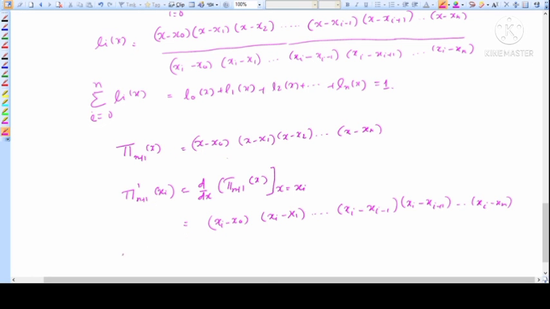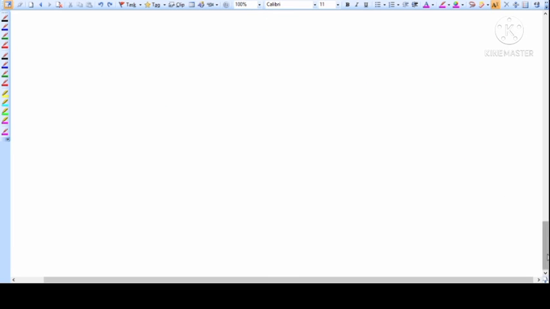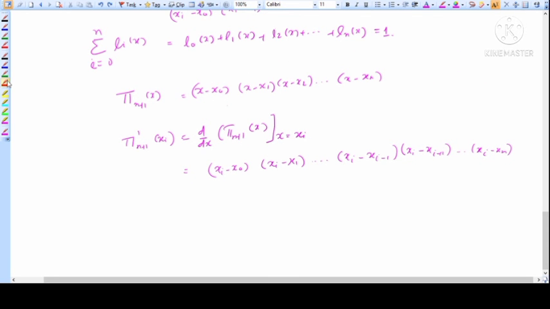So we can write Li of x equal to pi n plus 1 of x divided by x minus xi into pi n plus 1 prime of xi.